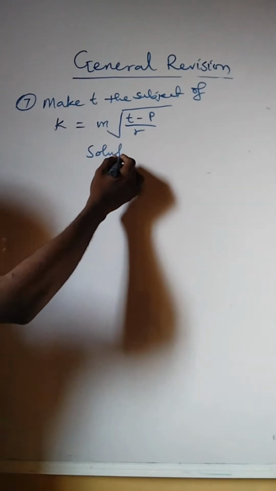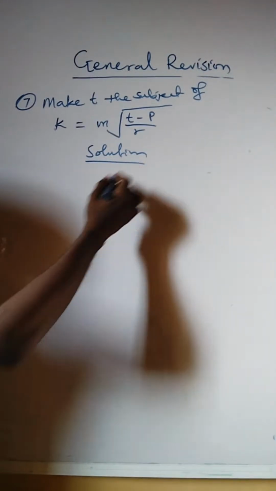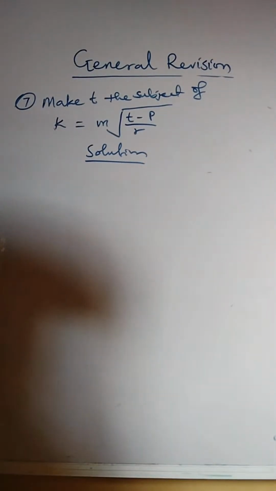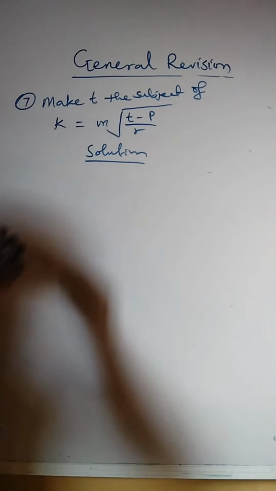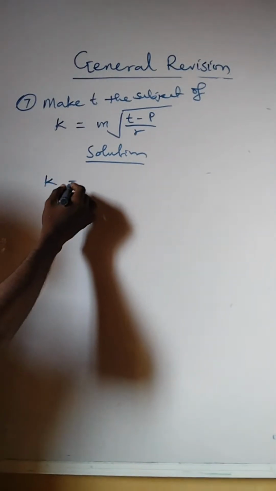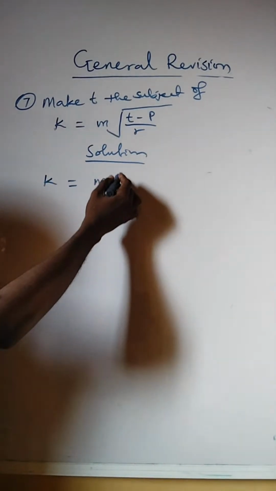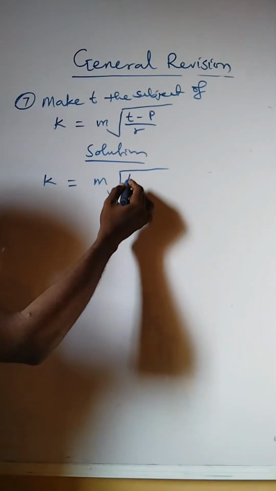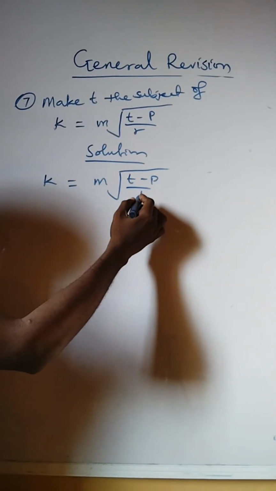Solution here. Considering the equation given here, we have K equals M square root of T minus P over R.